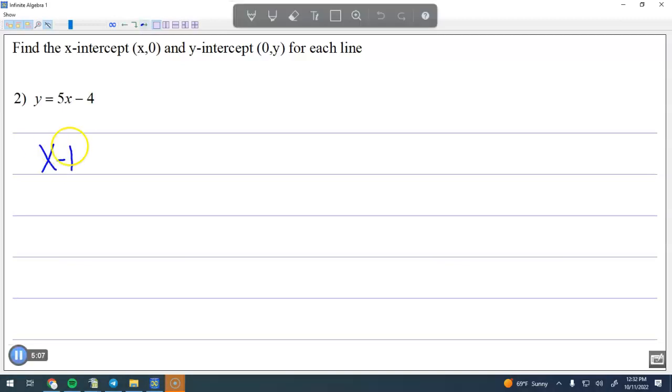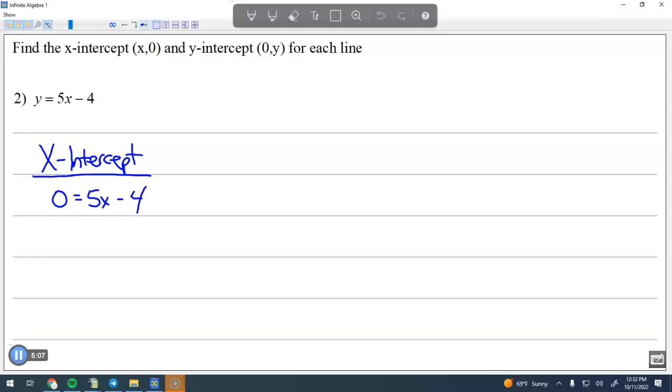Same stuff. For x-intercepts, if I want the x-intercept, I plug in 0 for which variable? Y. So I always do the other one. I'm going to take that original equation and put a 0 where the y used to be.